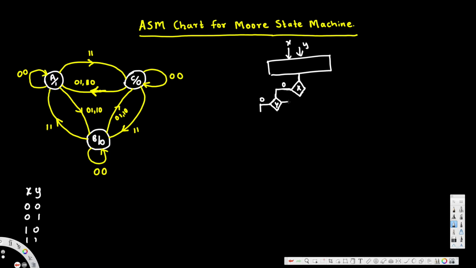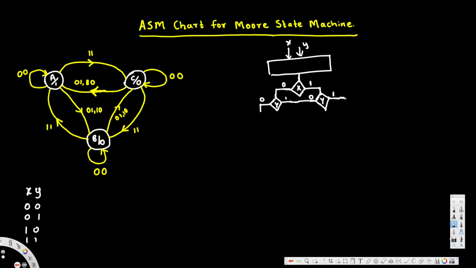Y can be 0, y can be 1, and x can also be 1. At that time again we are going to have another y, and this y can be 0 and 1 as well.